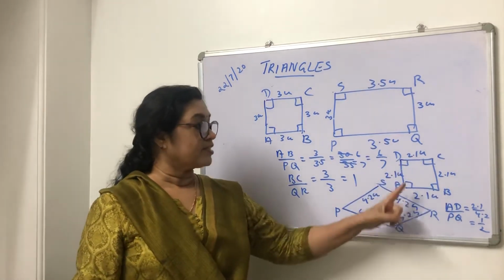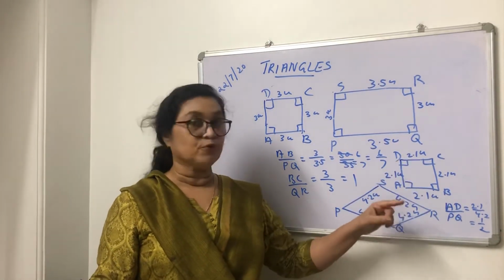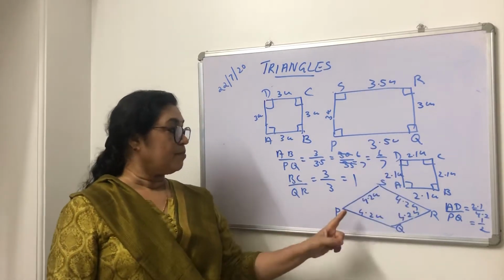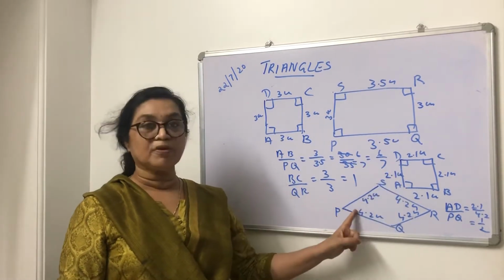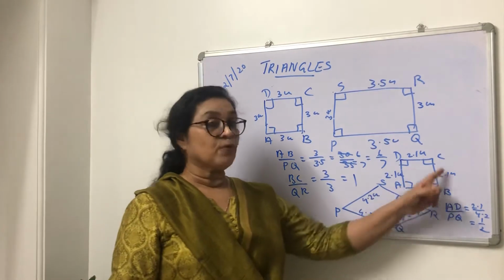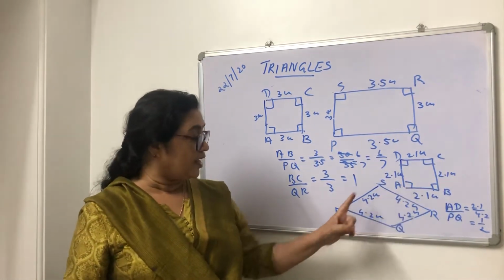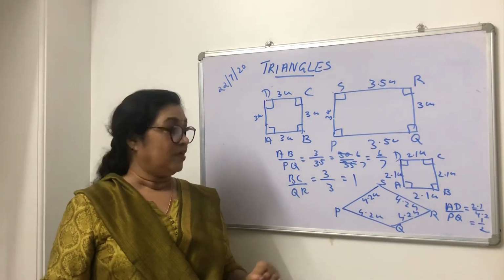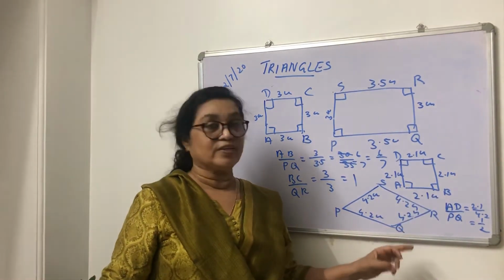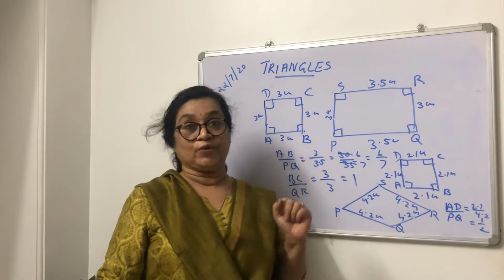CD by RS, 2.1 by 4.2, 1 by 2. AD by PS, 2.1 by 4.2. That means corresponding sides are in the same ratio, but you see angle A and angle P are not equal. Angle B and angle Q are not equal. The corresponding angles are not equal.